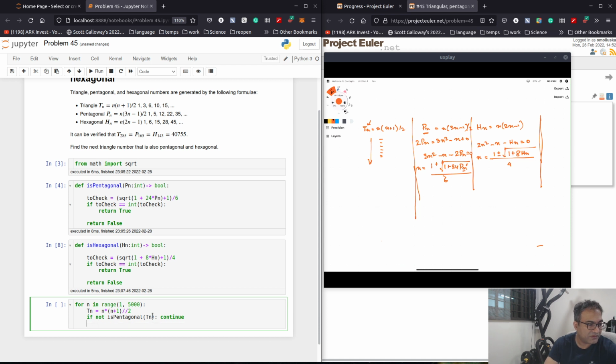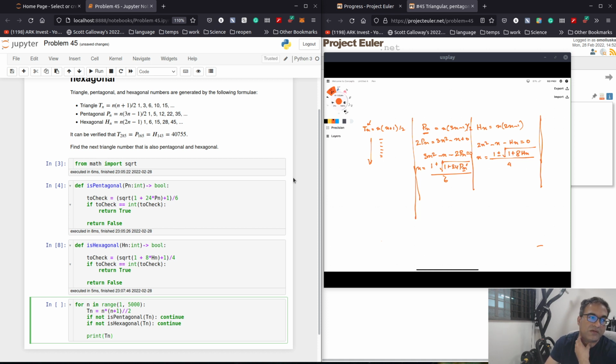Okay, if not is hexagonal Tn, and otherwise print Tn.